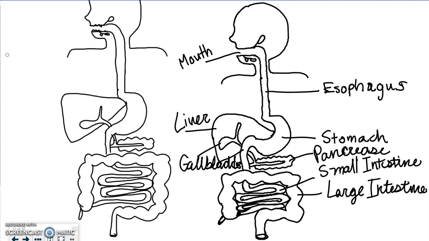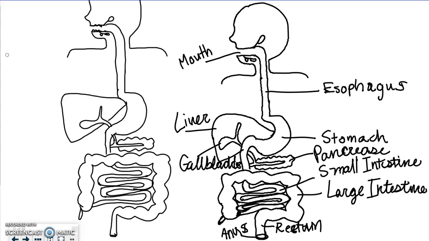Oh, the rectum, ooh, there's a lot of lag. It's hard to read my writing, I'm sorry about that. And down here at the bottom, the anus. Double checking, got those, great.